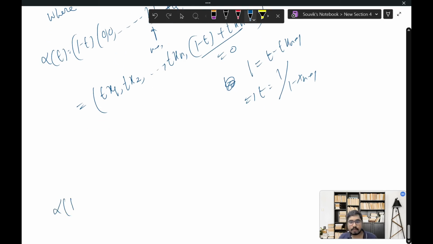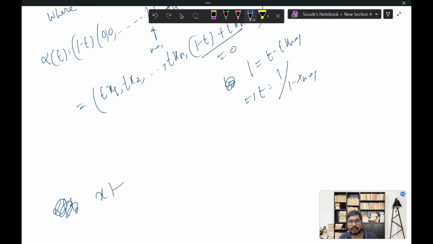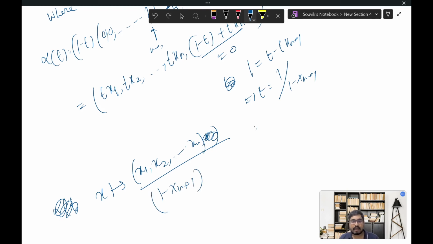So x goes to x1, x2, ..., xn, 0, and we will consider the point in R^n as xn by 1 minus xn plus 1. This is the map from Sn minus North Pole to Rn.